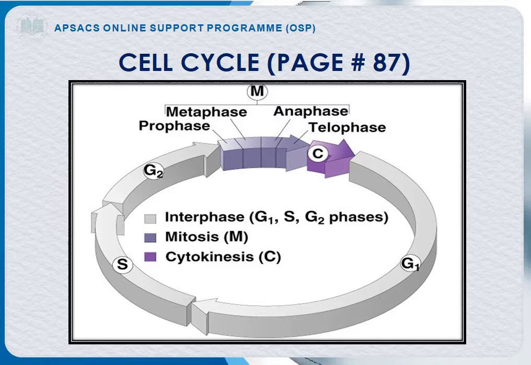M phase is itself composed of two tightly coupled processes: mitosis, in which the cell nucleus divides, and cytokinesis, in which the cell cytoplasm divides, forming two daughter cells. Activation of each phase depends on the proper progression and completion of the previous one. Cells that have temporarily or reversibly stopped dividing are said to have entered a state called G0 phase.